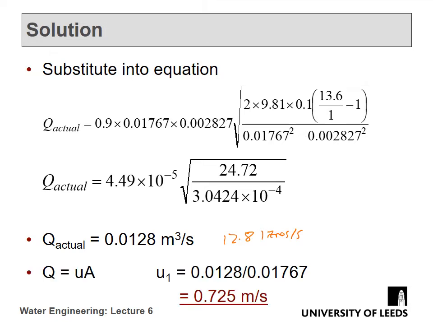It asked for the velocity in the question, so we need to divide that by the area, and that comes out as 0.725 meters per second. Okay, straightforward application of the equations that we derived earlier. You won't be asked to derive those equations, but understand what all the terms mean.